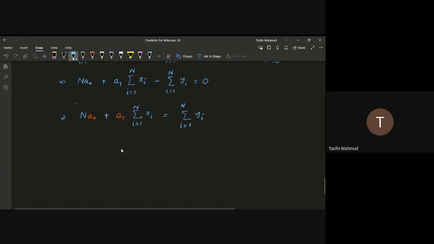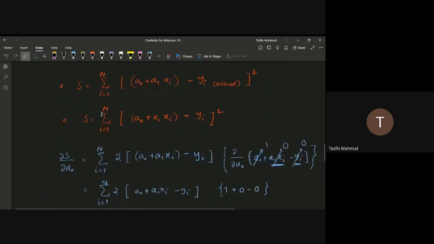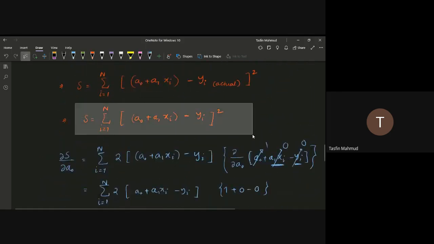So this is one equation. Okay, let's make this thing as one. And to get the second equation, we have to take the derivative with respect to a1. So our expression for s was this thing.